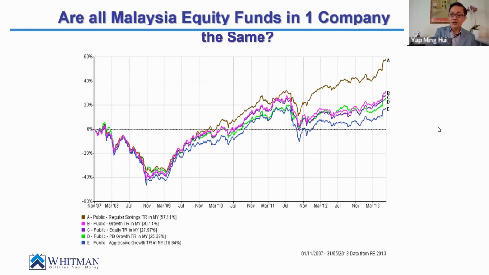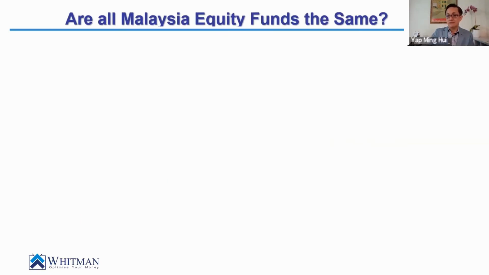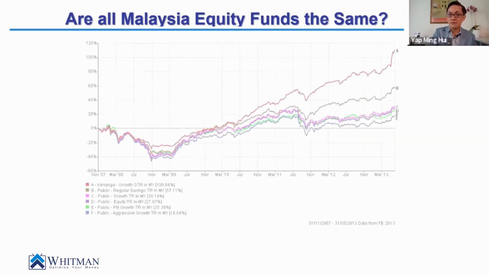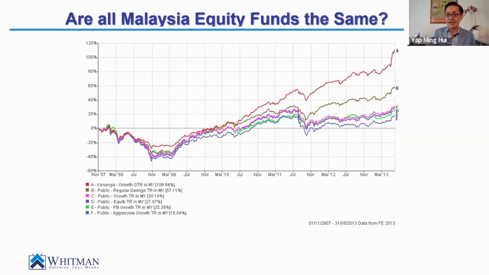But if we look outside company A, at a bigger industry, a bigger market, we can see there's another fund called Genanga Globe, which is performing at 109% during the same period of time.